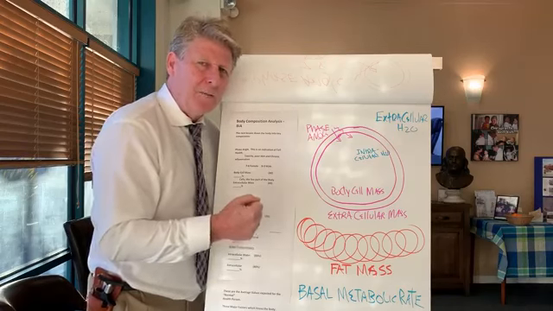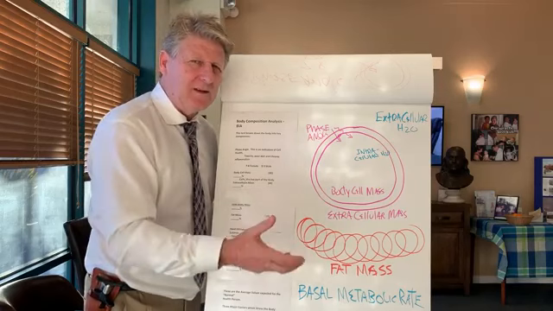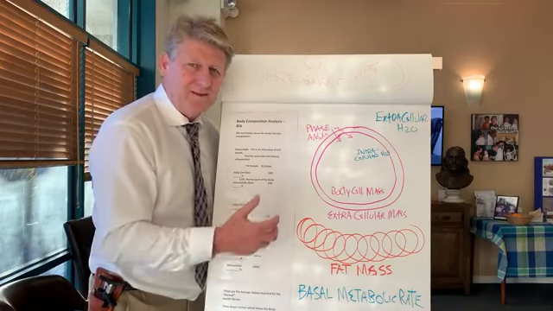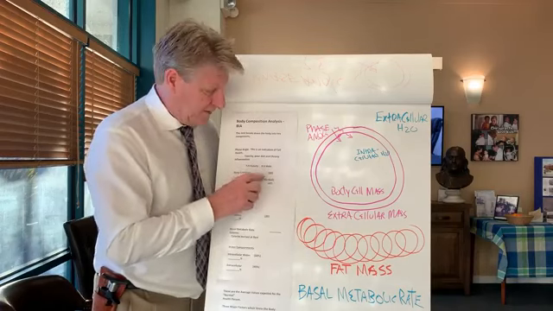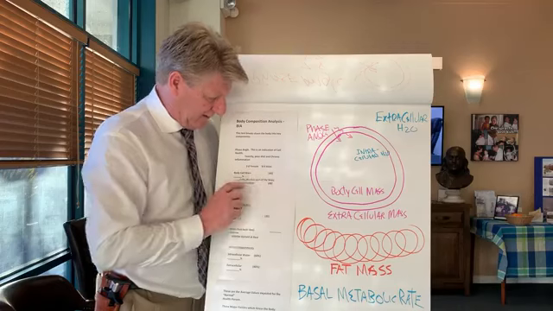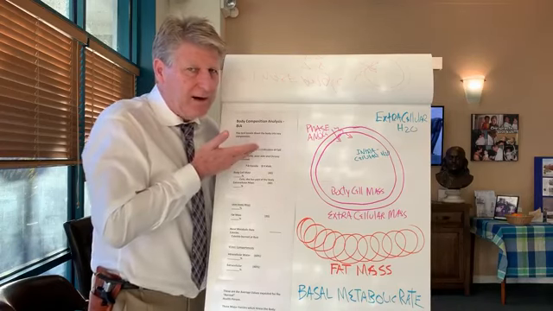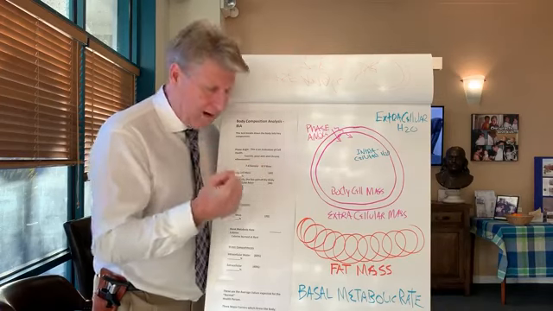That's called the body cell mass in the body. The fenders, the bumpers, the seats, the cushions, those are all extracellular mass. So it should be 40-40: 40% body cell mass and 40% extracellular mass. It could be stronger on the body cell mass, but we want it to be no less than 40 for the power of the body.